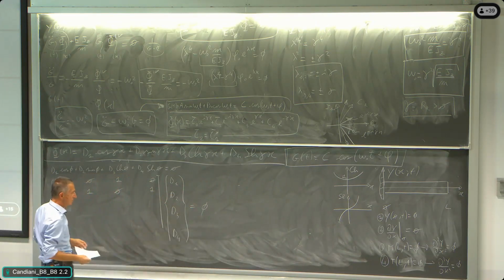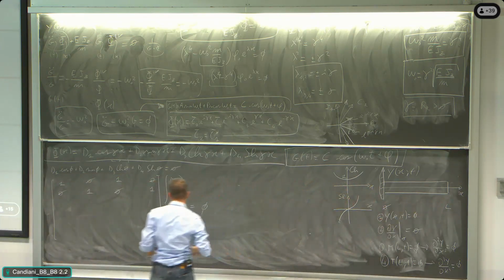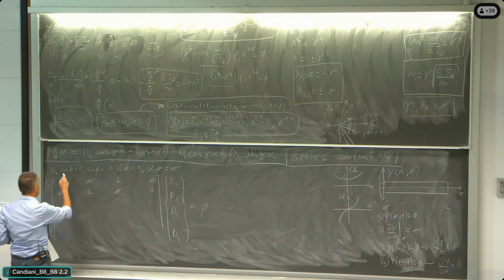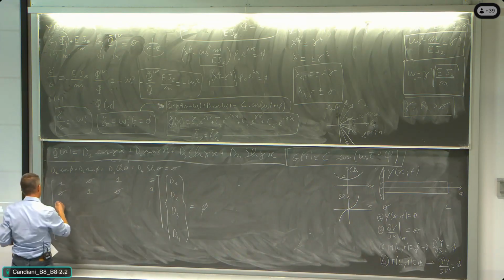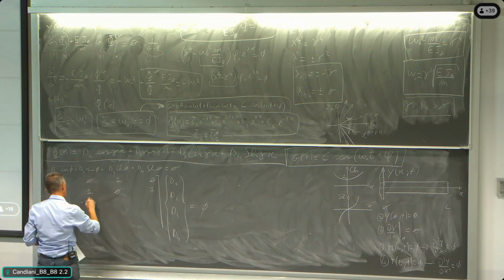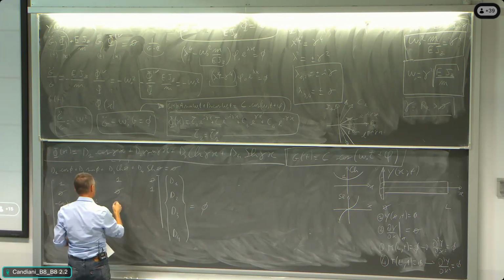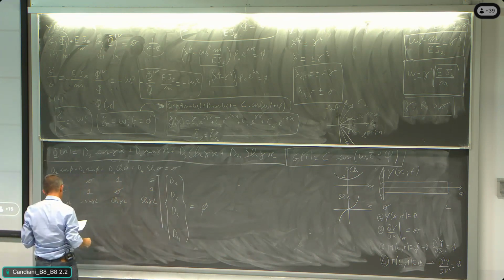Well, second order derivative, the moment null, moment null at the free extremity. So for the second order, cosinus becomes minus cosinus, and so we have minus cosinus gamma L, minus sinus gamma L, d3 cosinus hyperbolic gamma L. Okay.